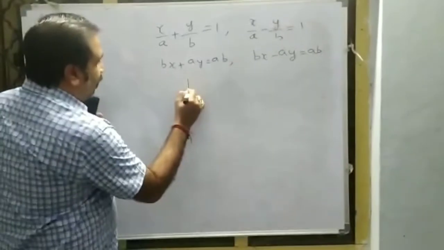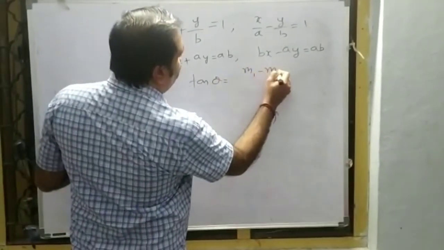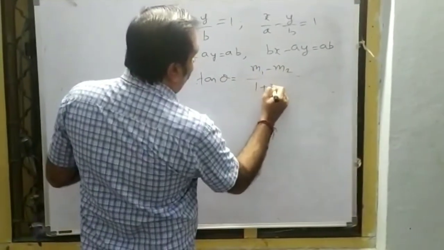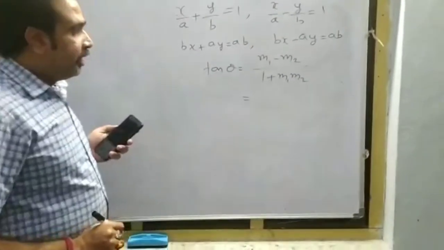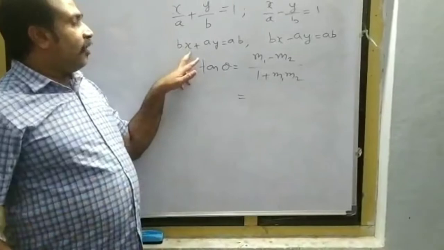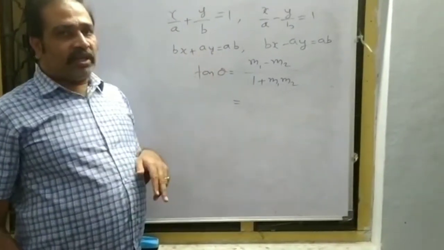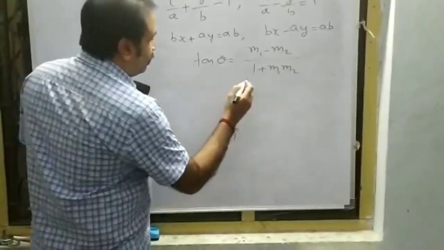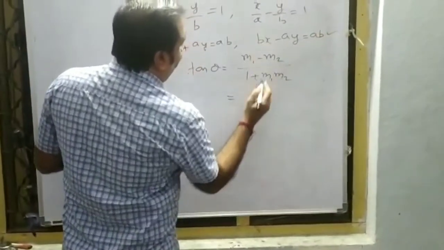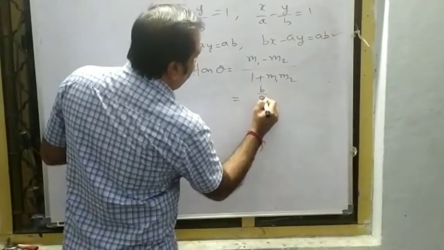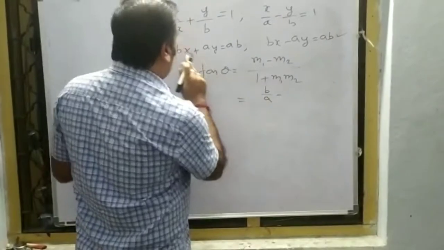What is your angle formula? Tan theta is equal to m1 minus m2 by 1 plus m1 into m2 formula. m1, what is the slope of this line? Minus x coefficient by y coefficient. First we can take this line only. So that is b by a. This line equation becomes minus b by a.